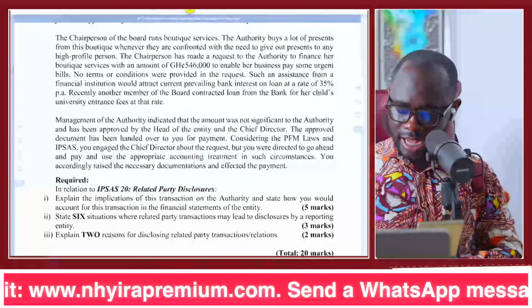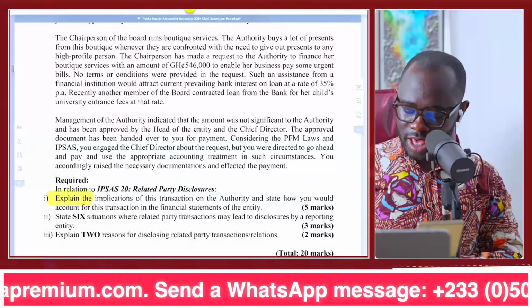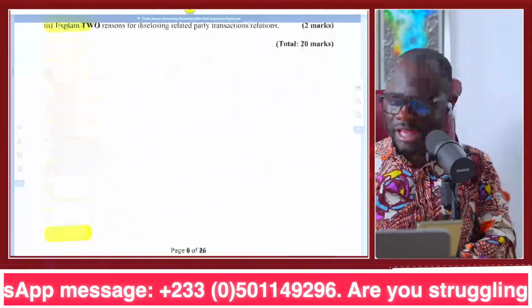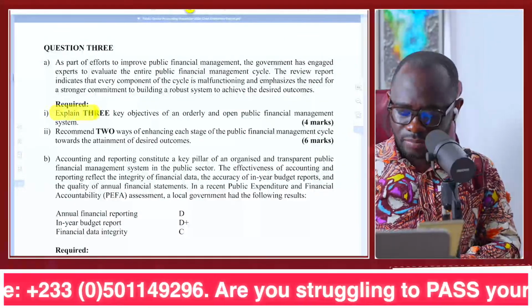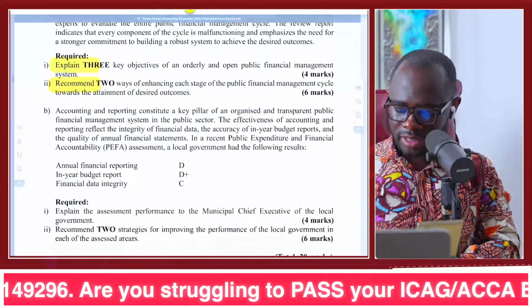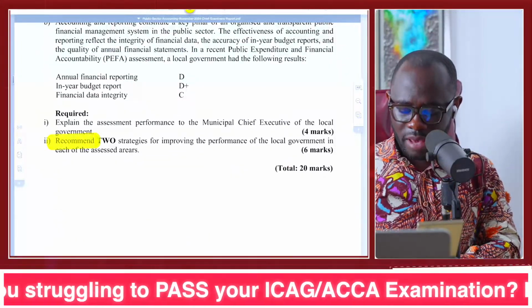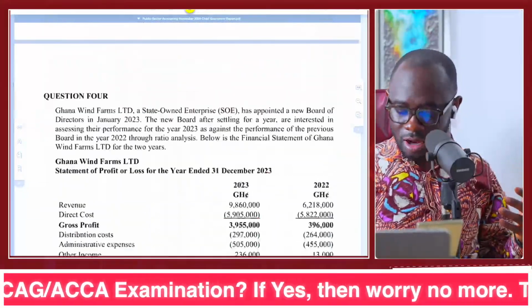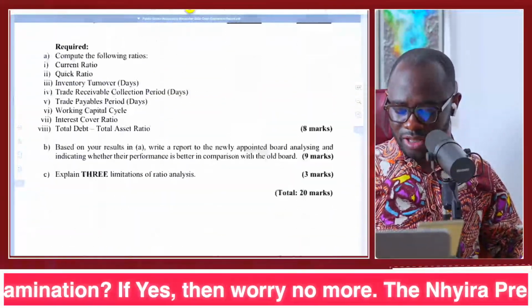You could see explain also here. You could see state here. You could see explain here. So these are common. Explain. You could see recommend. Recommend, explain. So these are common verbs that a chief examiner is going to be using on you.